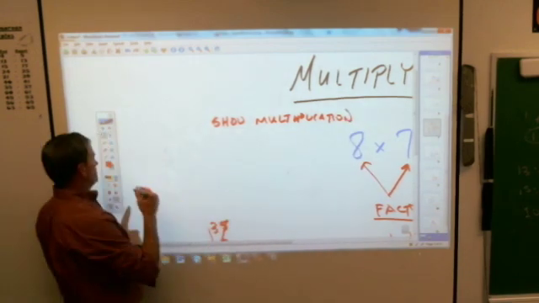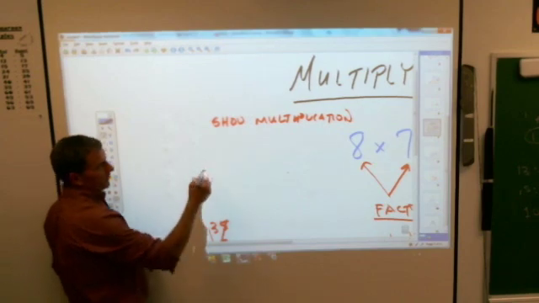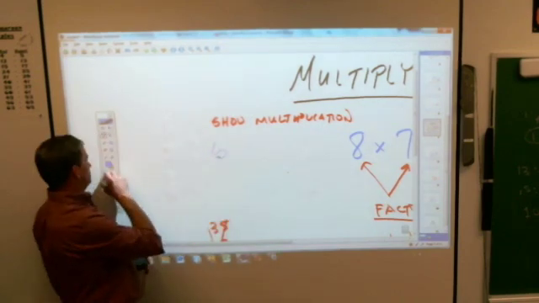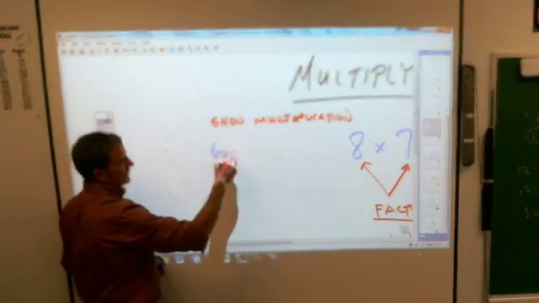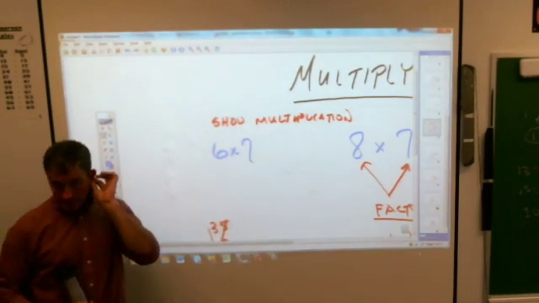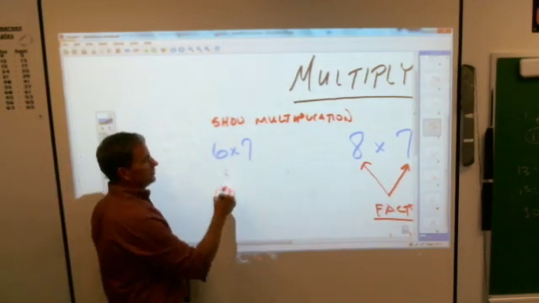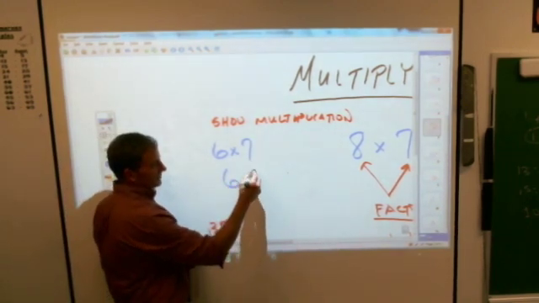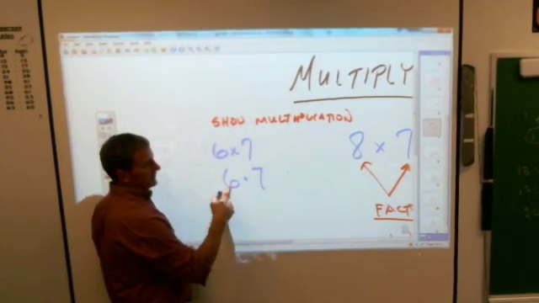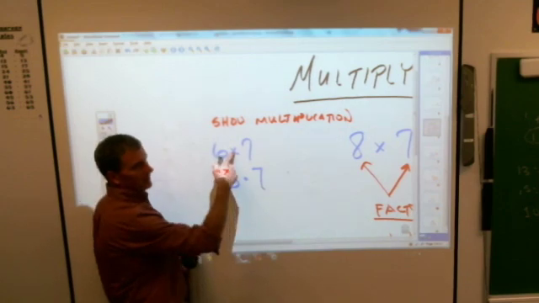I don't know how I missed this, but I will answer the questions now rather than later. Well, first of all, you could have 6 times 7. That's one way to show multiplication. But math people like to confuse you, so here are a whole bunch of different ways. If you see a dot between numbers, that means 6 times 7, same thing as this.